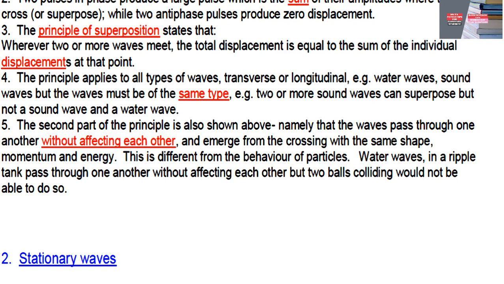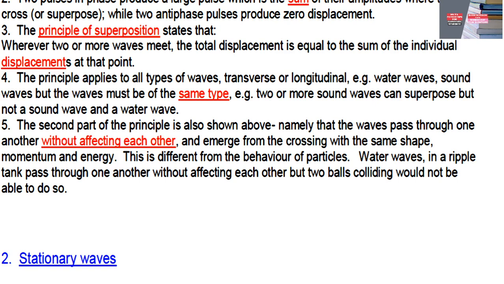The principle applies to all types of waves, transverse or longitudinal, e.g. water waves, sound waves, but the waves must be of the same type, e.g. two or more sound waves can superpose, but a sound wave and a water wave will never superpose. So the two waves must be of the same type.